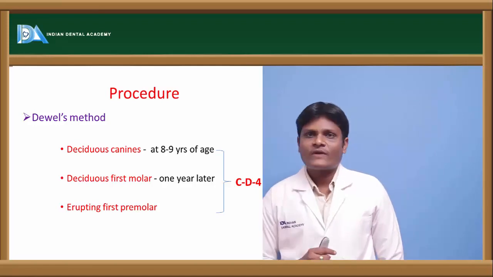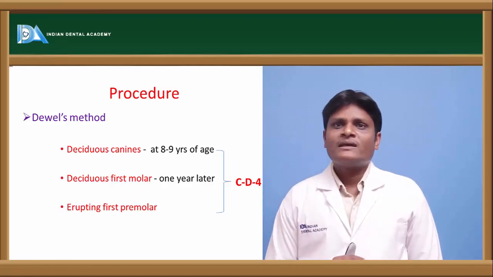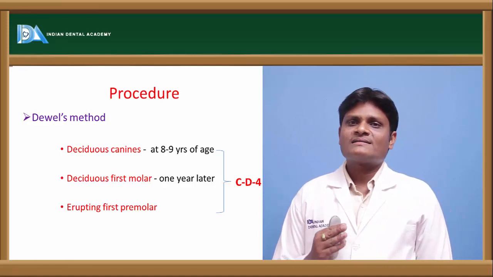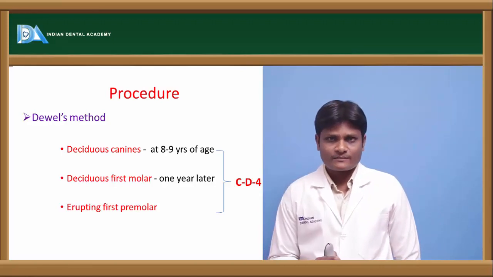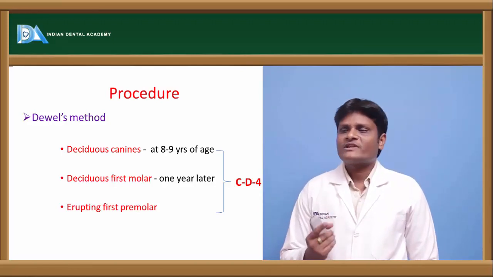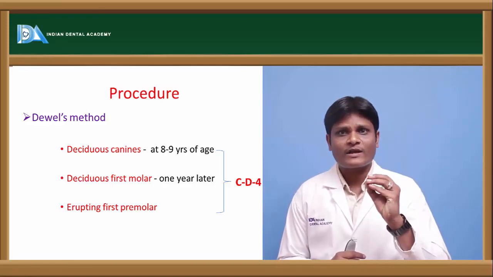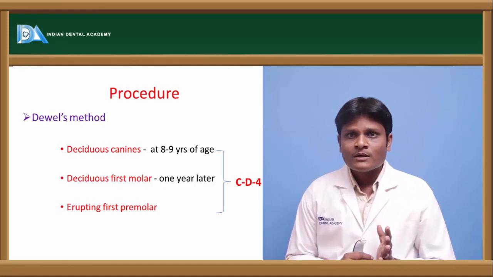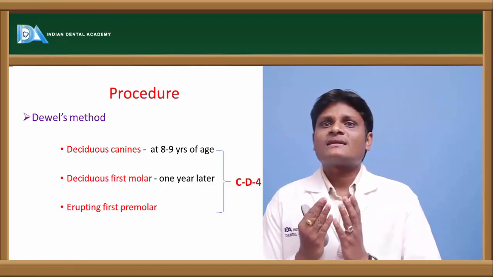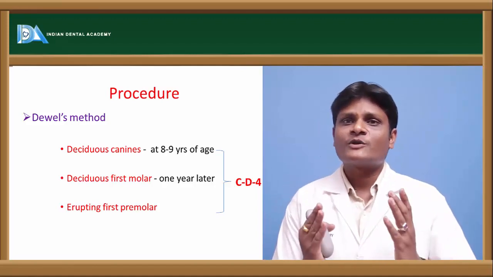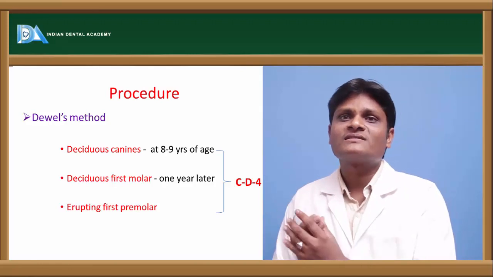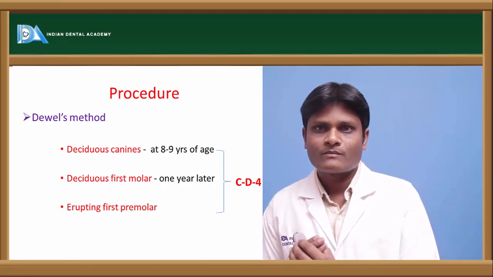By 8 to 9 years of age, there will be permanent centrals and laterals erupted in the oral cavity. With the extraction of deciduous canines around 8 to 9 years of age, which is the actual time period of eruption of the permanent canine, the crowded lateral incisors and central incisors will adjust themselves into normal alignment into that deciduous canine extraction space.